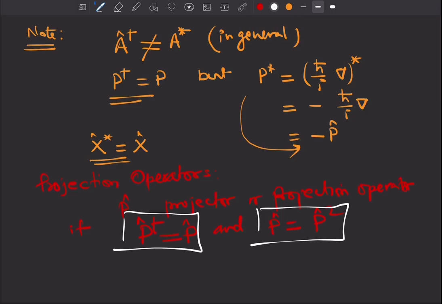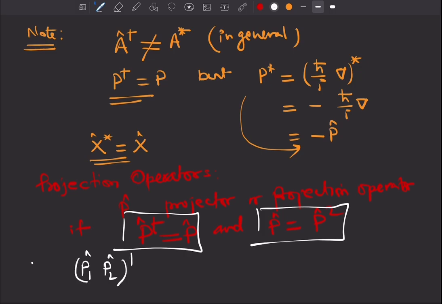There are some important properties of the projectors. The first property is that the product of two commuting projectors P1 and P2 is also a projector. That is, the product of two projection operators P1 and P2 is also a projection operator.